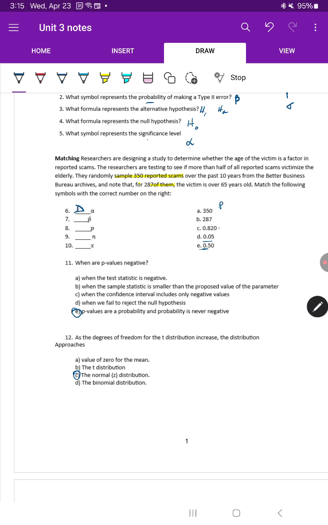The trick is they didn't give me the p hat, technically. They gave me a way to find it. The way I find it is the proportion of yes answers or successes in my sample. In our sample, 287 over 350 is our proportion.